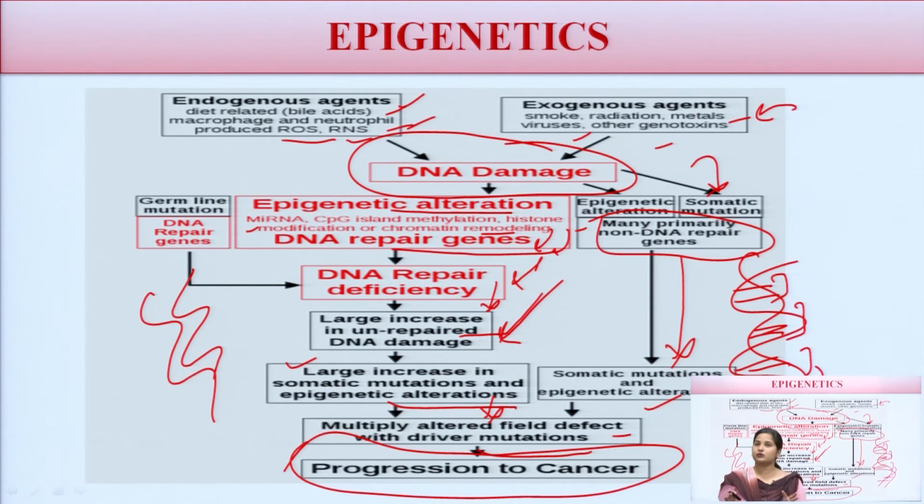So, there are no changes in the DNA sequencing, but there are changes in the genes. So, when the DNA repair genes get damaged, the DNA sequences are unpaired. These unpaired DNA sequences continue, and after that they cause the DNA damage, and due to this there is continuous cell growth, cell division, and ultimately they cause the progression of the cancer.